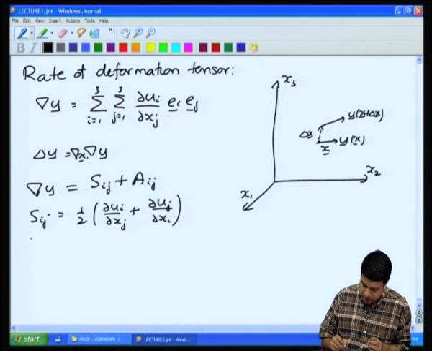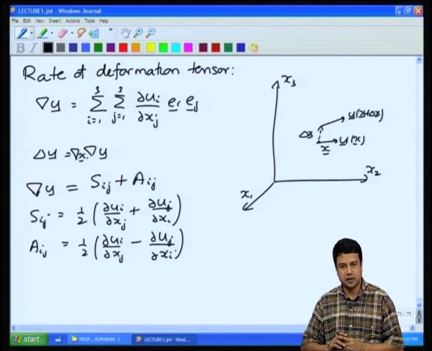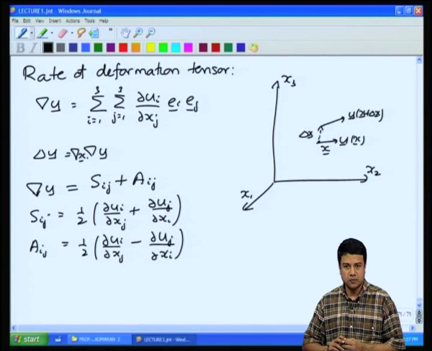The antisymmetric part is equal to half of the matrix minus its transpose. The symmetric part can once again be written as the sum of two tensors. One is a symmetric traceless tensor and the other is an isotropic tensor.